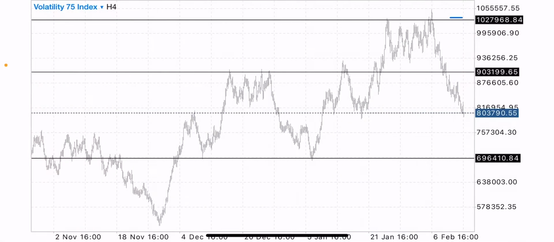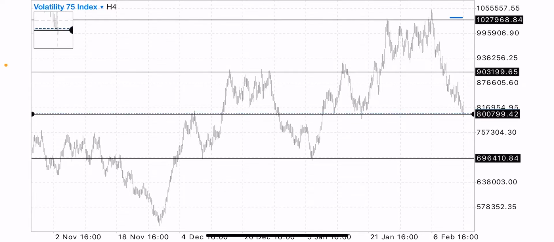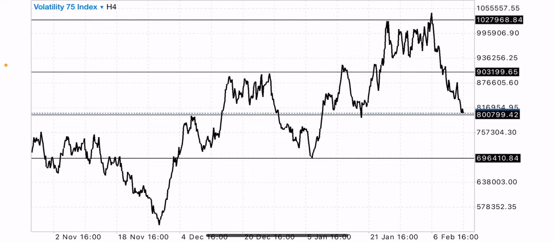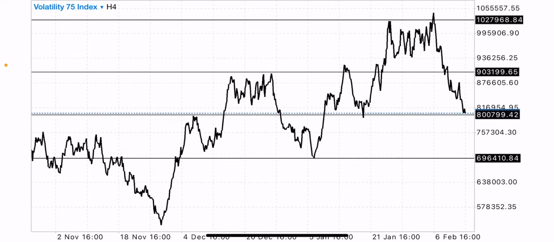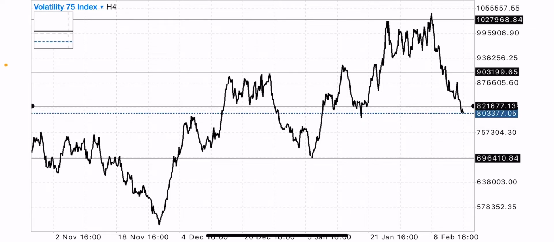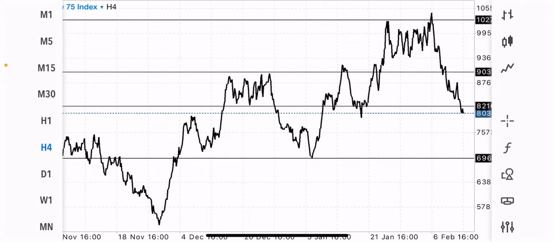We have a level here using our line charts. If we use our line charts, the level is meant to be here. Then we also have another level here.